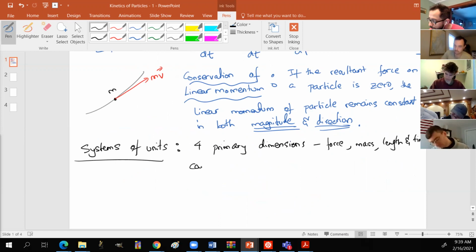What you can do is choose any of these 3 arbitrarily, and then the 4th will comply with Newton's second law.